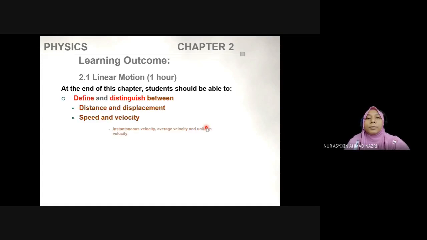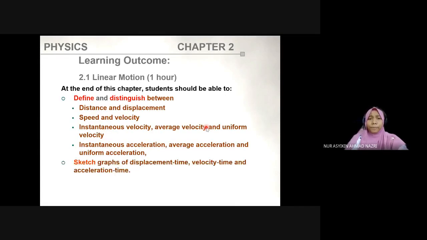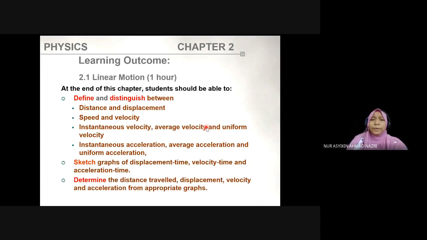Alright. So you need to know how to distinguish. You need to be able to define and distinguish distance and displacement. So what's the difference? Basically, distance is scalar, displacement vector. So and this is have the explanation lah for the exact. But when we want to distinguish it in term of the quantities, so this is basic scalar quantities, this is vector quantities.